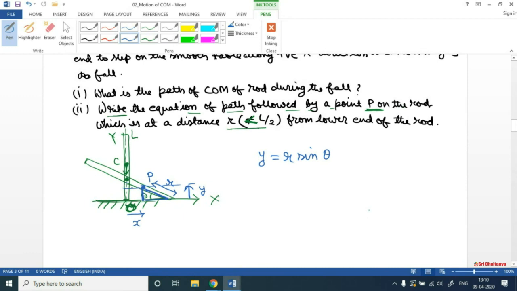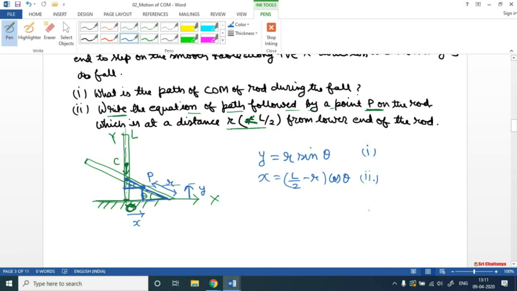And looking at the geometry of this triangle, this base would be x and this angle here is theta, so this hypotenuse is nothing but L by 2 minus r. So x we can write as (L by 2 minus r) cos theta. So that is equation number 1, and that is equation number 2.